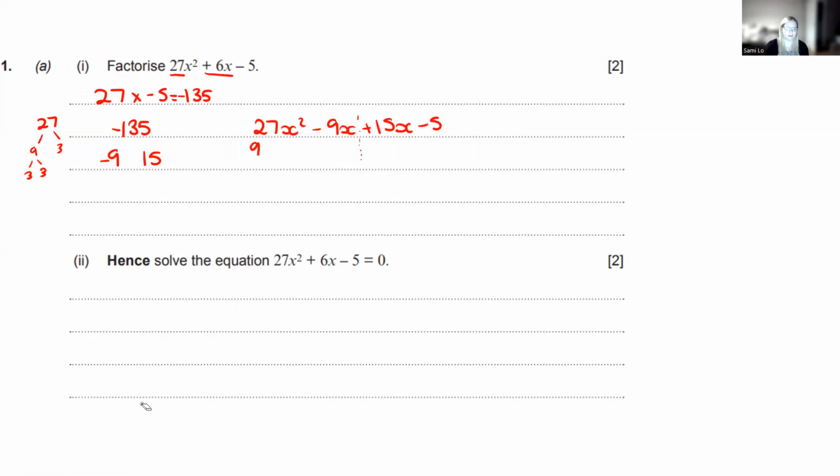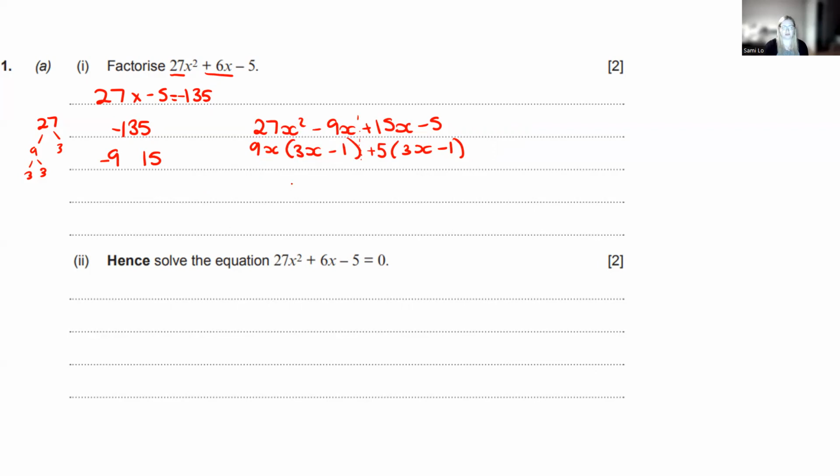So 9x, and then inside the bracket, we're going to have 3x, and then minus 1. So that one's done. Now, nice fact about this is this inside bracket should be the same by here, so I'm just going to write it straight away because it will be the same. Now, 15 to get to 3, well, I'm taking out 5, so we're going to say it's plus 5.